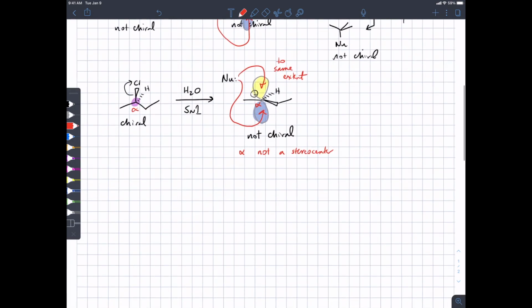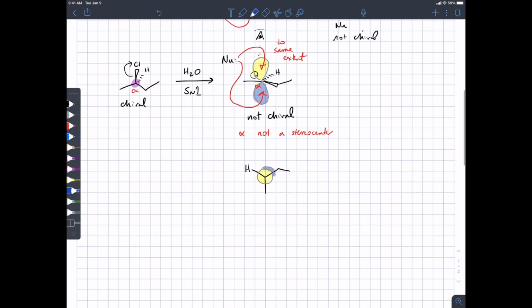Another way of seeing this is to take a bird's eye view of this molecule and imagine looking down on the carbocation from above and imagining what you would see. Here is the top lobe of that empty p orbital on the alpha carbon. And then let's illustrate what it looks like from below.